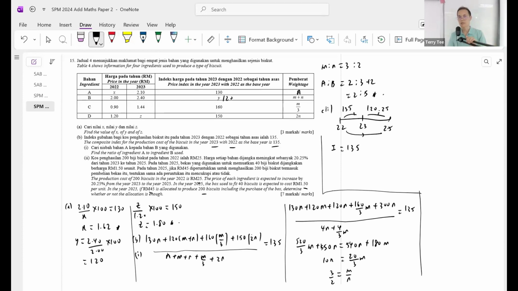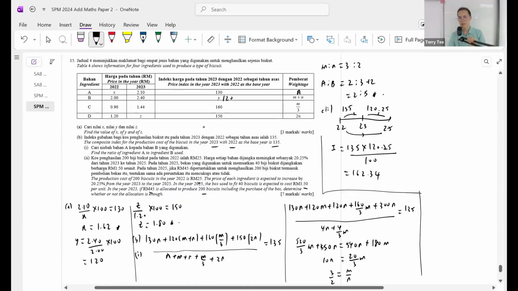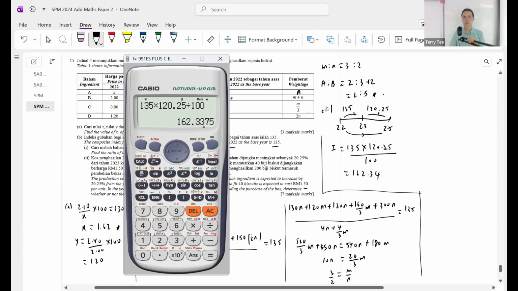So you take 135 times 120.25 divide 100. You should get 162.34. Now, 162.34 represents the overall increase in the price of the biscuit.